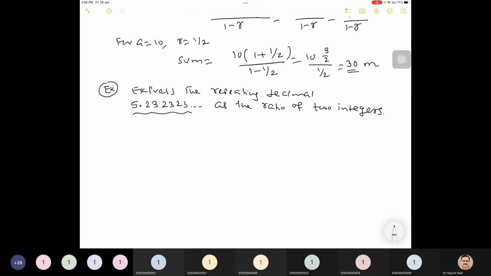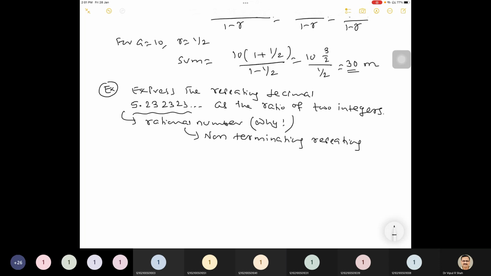Rational, sir. It's a rational number. Yes, rational, non-terminating, repeating. Okay, fine. So rational. And if you have any rational number, you can express it in the form a by b, isn't it?